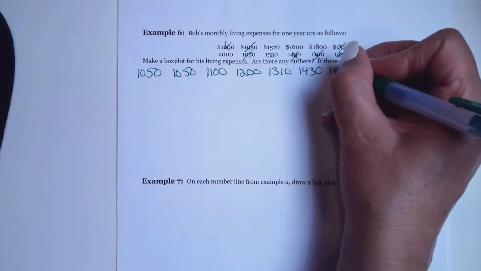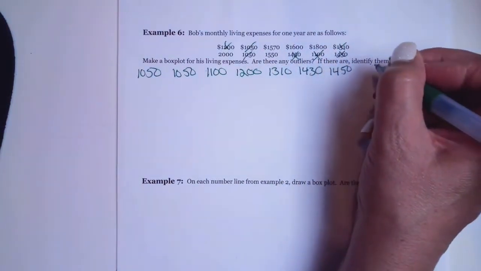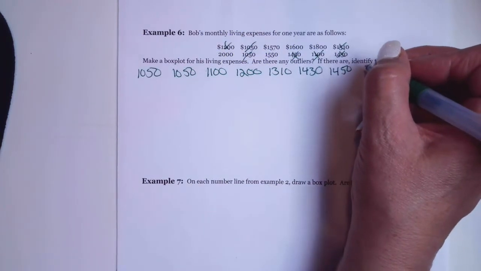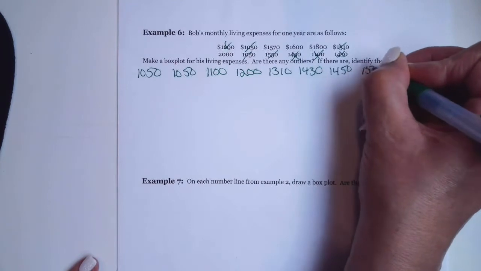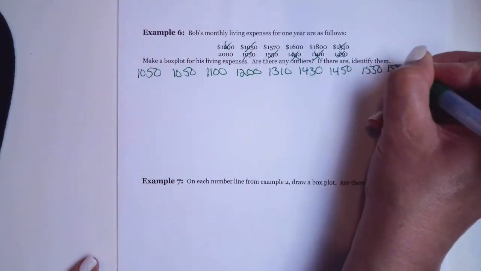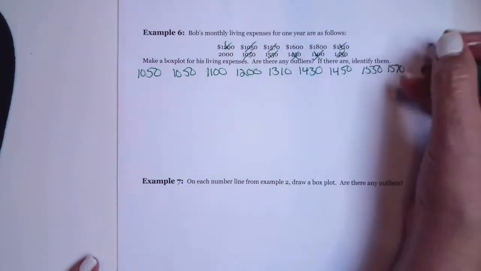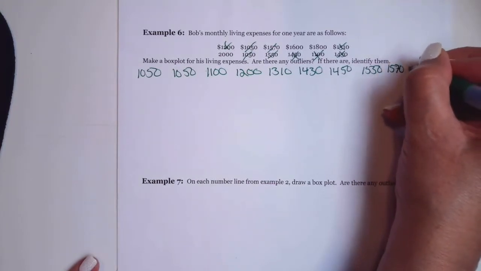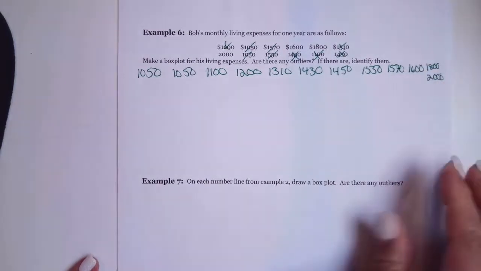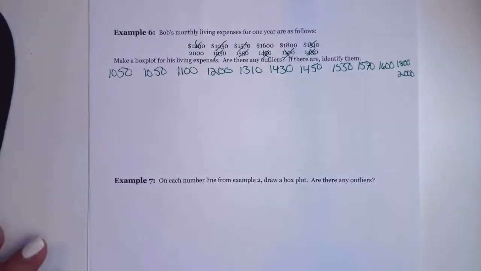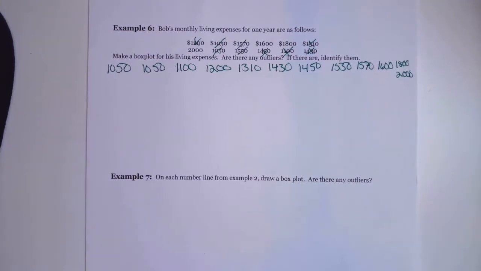We have 1,450. We have 1,550. 1,570. 1,600, 1,800, and 2,000. Okay, so here are our numbers.